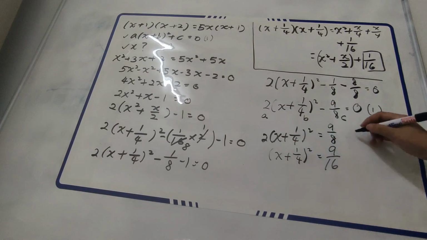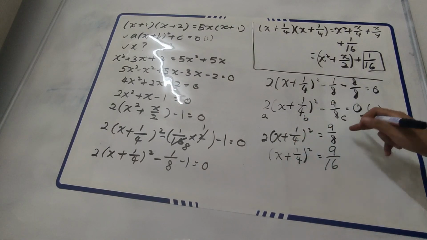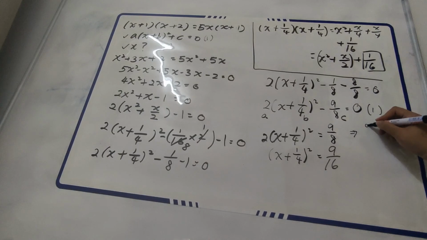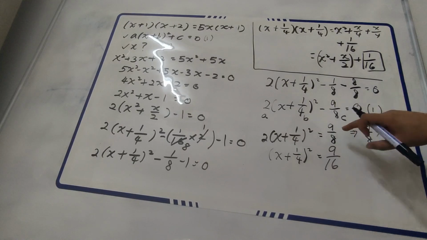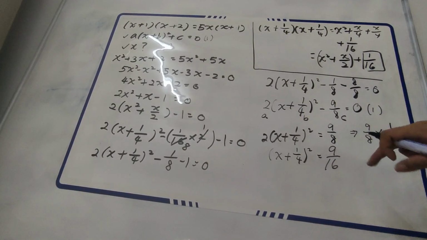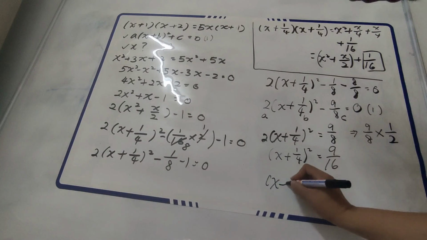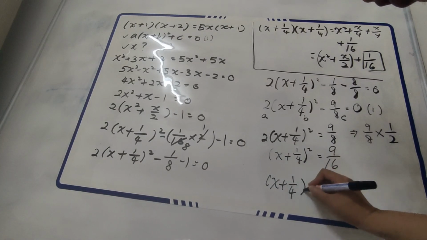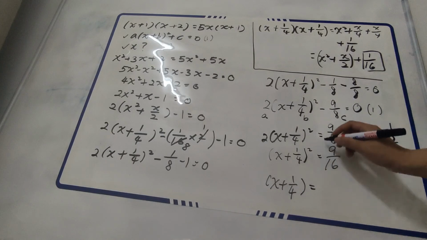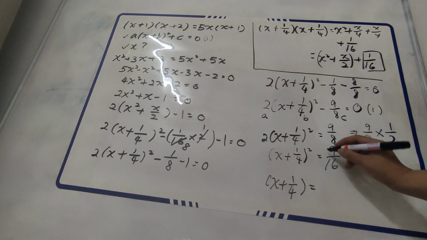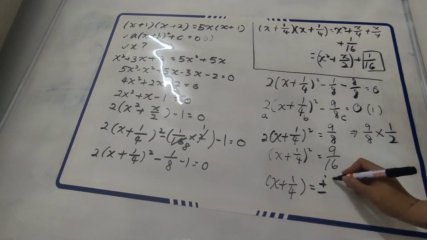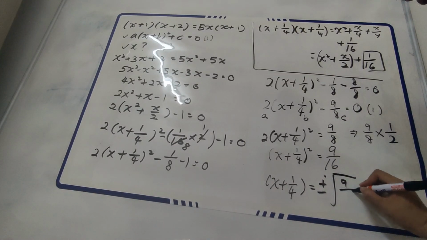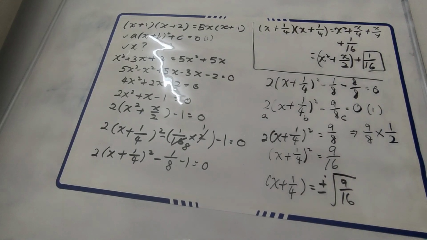Divided by 2 means 9 over 8 times 1 over 2 on the right hand side. From here, x plus quarter equals to, you square root it, plus and minus square root of 9 over 16.